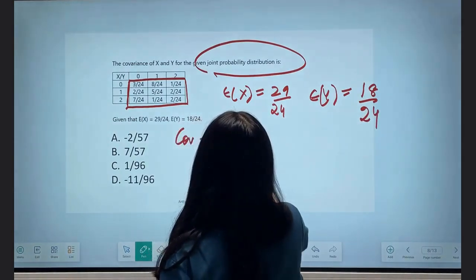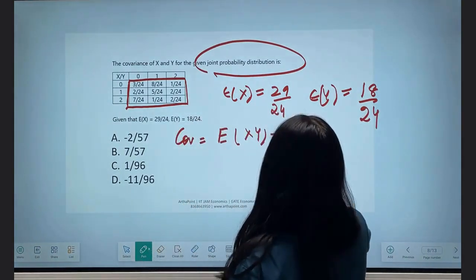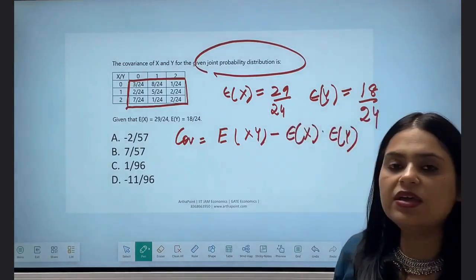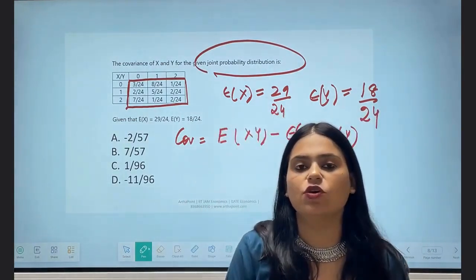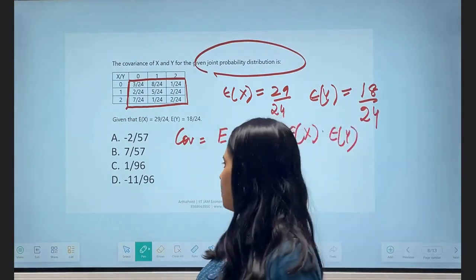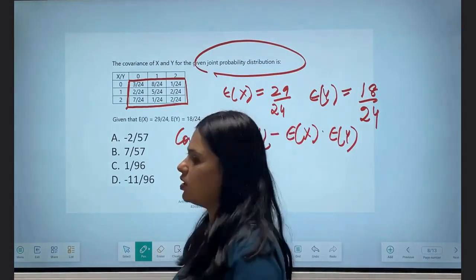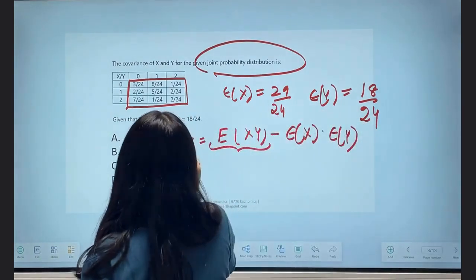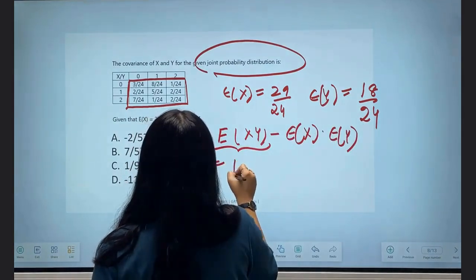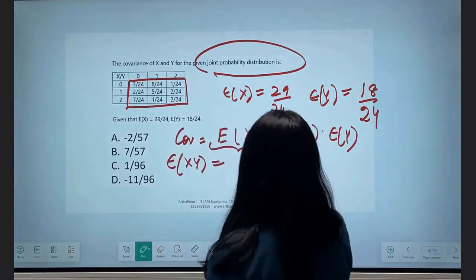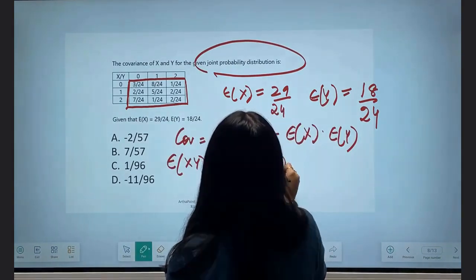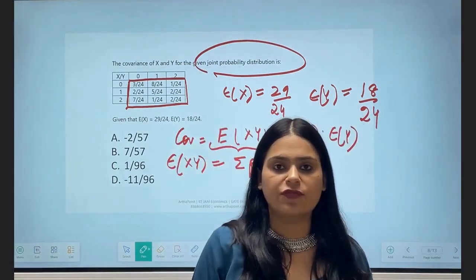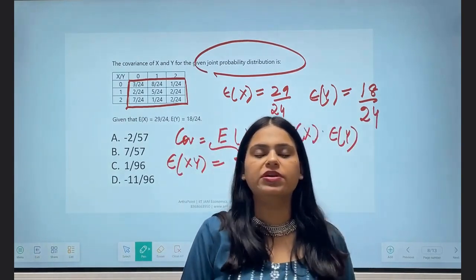Covariance is given by the formula E of xy minus E of x into E of y. बेटा जब भी किसी भी चीज की एक्सपेक्टेशन निकालनी होती है, whenever you have to find the expectation of anything, so E of xy can be given as summation P into xy, probability into xy. जिस भी चीज की एक्सपेक्टेशन निकालनी है, whichever expectation you have to find out, you must multiply it with probability and sum that over.